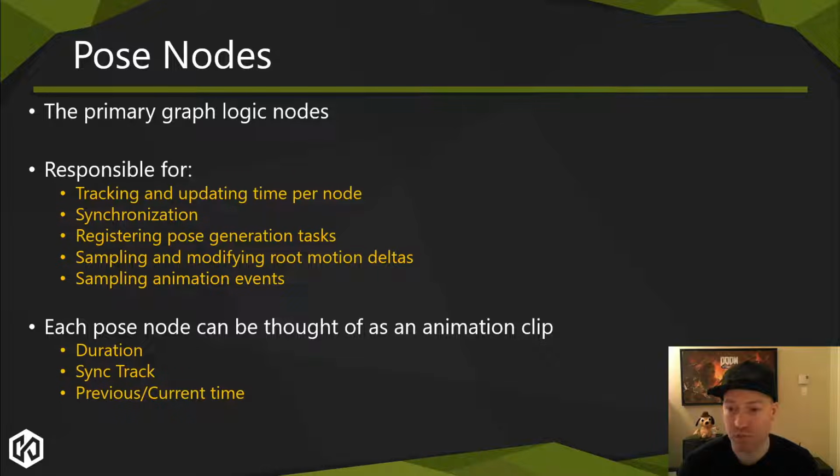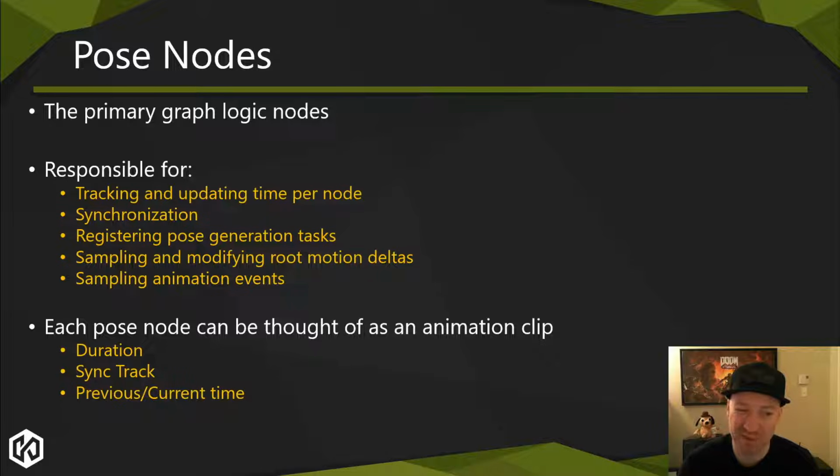They then register pose tasks. Basically, when you sample an anim clip, it doesn't actually read a pose. It basically records a command, like a GPU command buffer saying, hey, you need to sample this animation at this time. And it records that in a kind of command queue. It will then sample and modify root motion deltas potentially. It will get the events and that kind of thing.